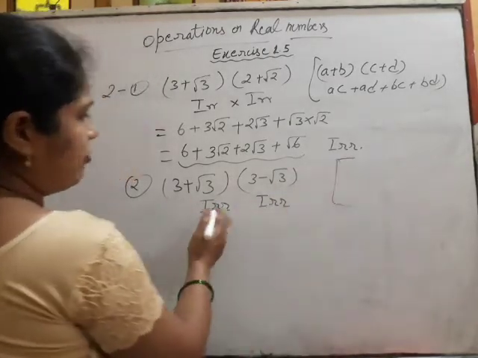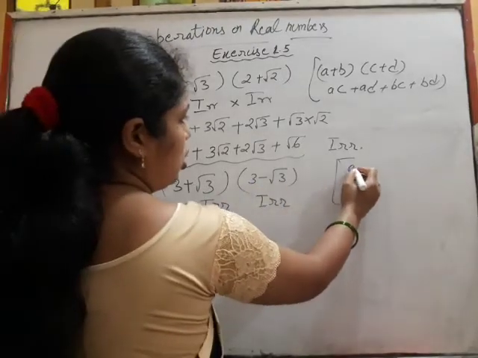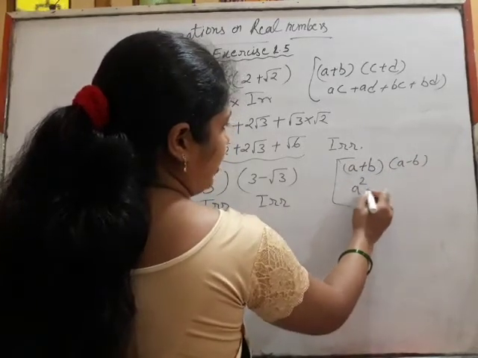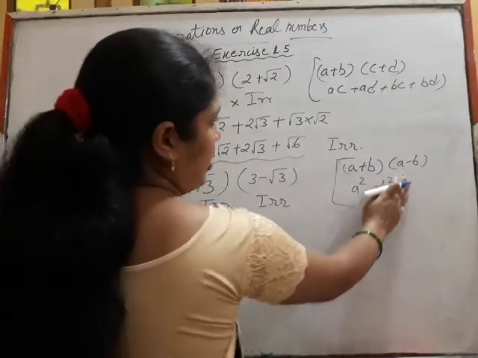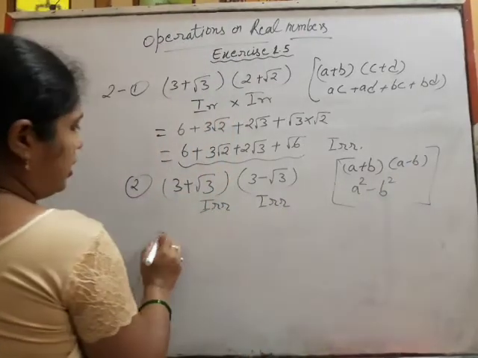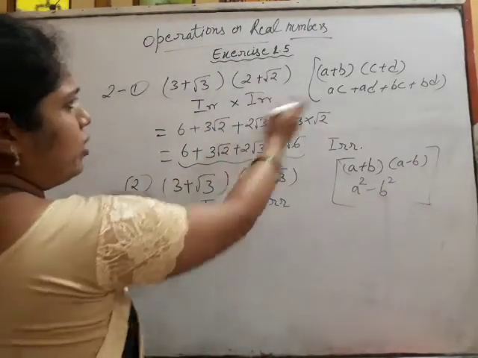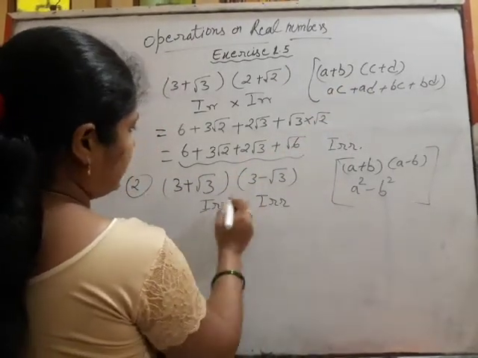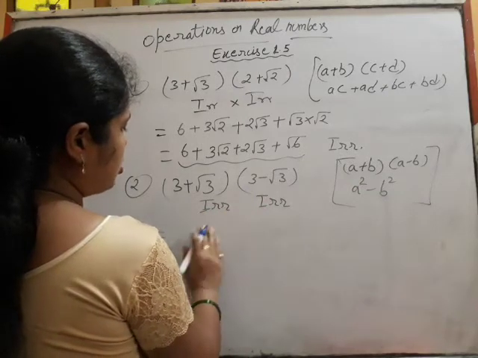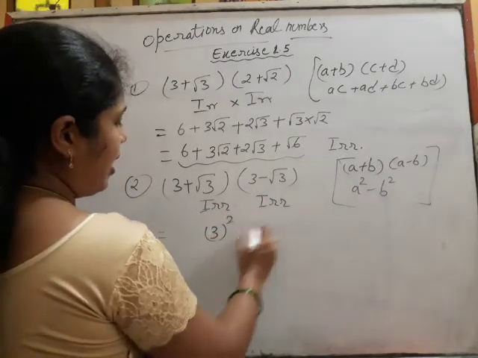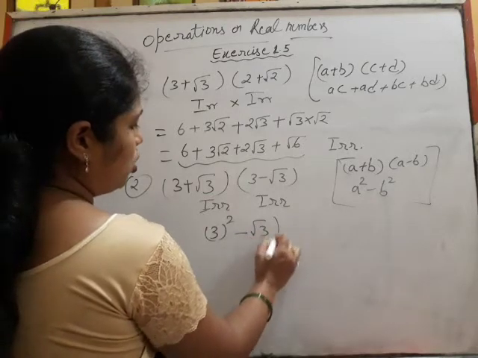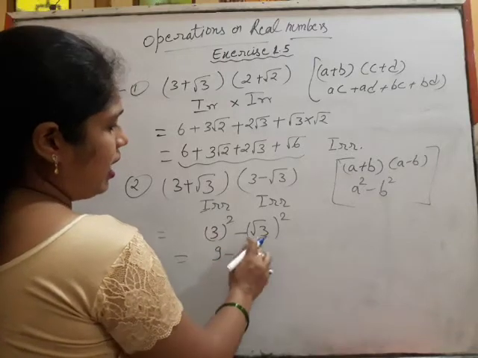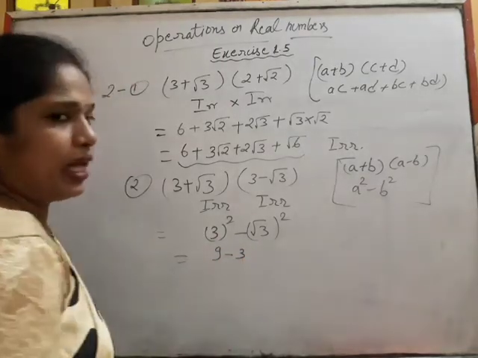Now it will go with the formula a plus b into a minus b, which is a square minus b square. The same result you will get either way. So a square is 3 whole square, minus b square, root 3 whole square. 3 square is 9, and root 3 square gives you 3.